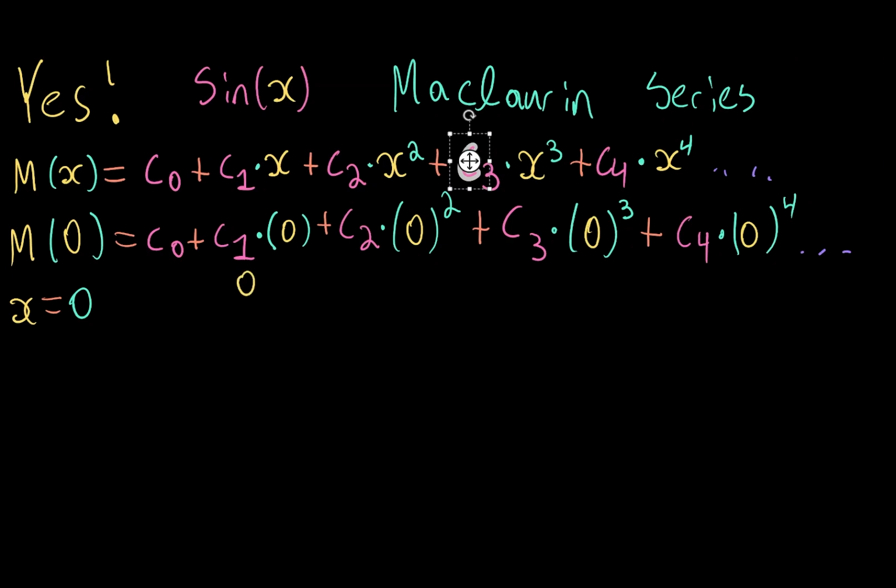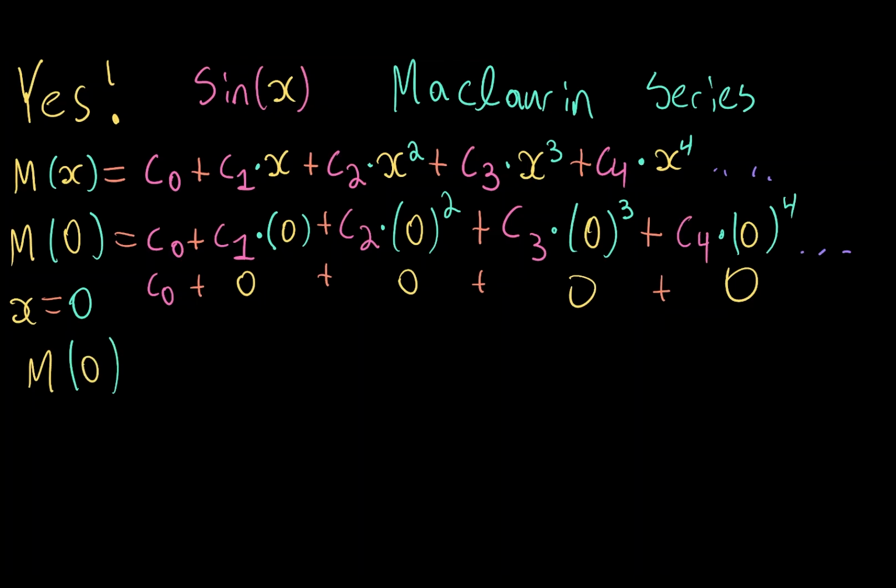It's effectively c0 plus 0 plus 0 plus 0. This simplifies, and you don't need to write all these zeros. M of 0 is equal to just c0, when evaluated at 0, only at 0. So we just isolated our variable c0.